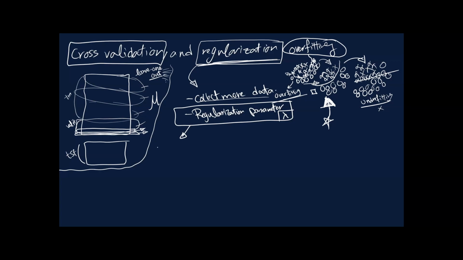So we have two methods. One of them is called L1 regularization, which is also called lasso regularization. And the other one is called L2 regularization, or ridge regularization.